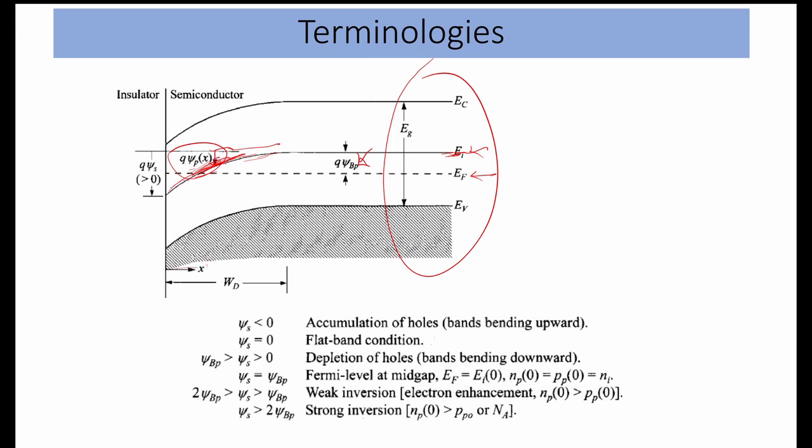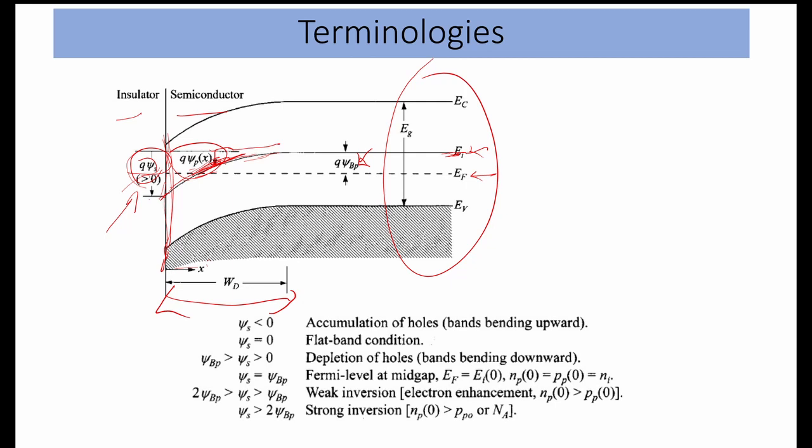Okay, so it is varying, and at the junction, or we can say at the surface, the interface of the insulator and the semiconductor, the gap is q psi s. And this Wd is the depletion region width that we have already seen in the pn junction and the metal semiconductor junction.